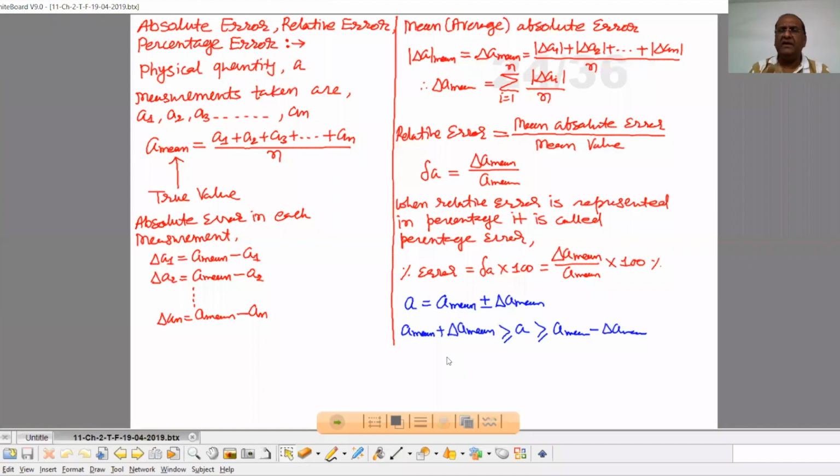And in this experiment, suppose you are measuring time interval for 100 oscillations, your stopwatch is continuing, and you are counting the oscillations 1 2 3 4, and your stopwatch is running.